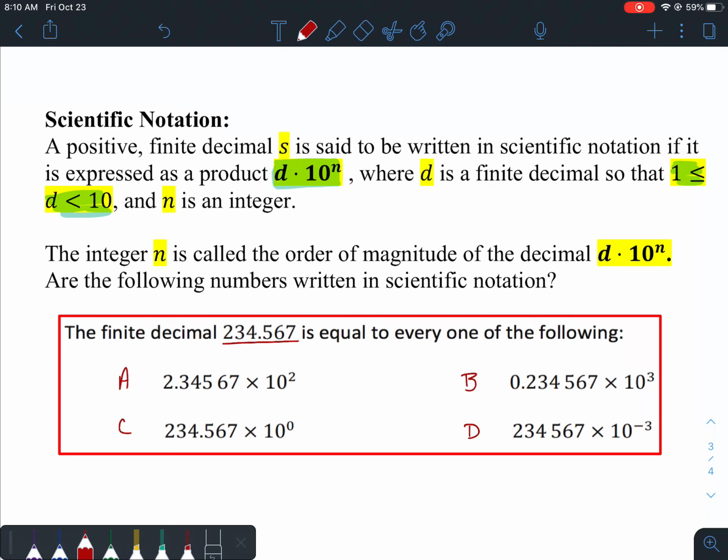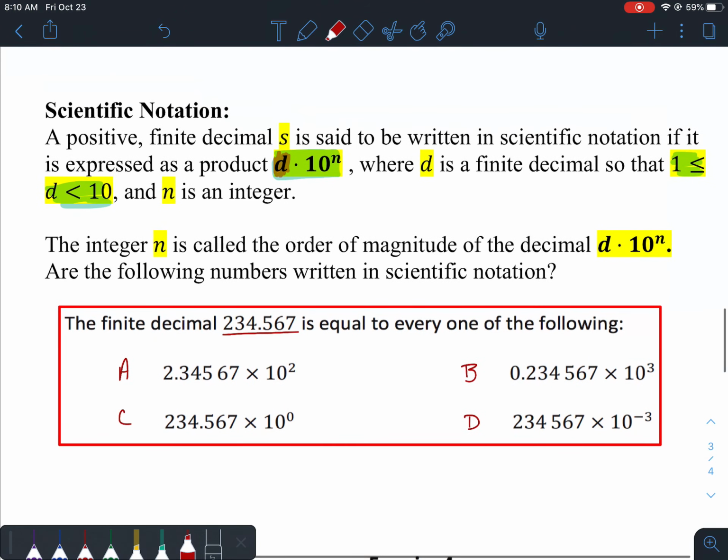But which one is represented in scientific notation based on that definition? Remember, the letter d represents the decimal, and it must be in between 1 and 10. 10 to the n, n is any integer, so negative or positive. Which one is it? Unpause the video when you're ready.